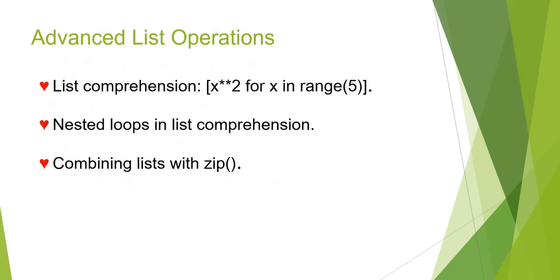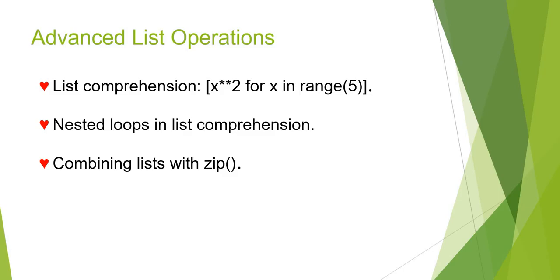Now, advanced list operations. List comprehension: when we try creating a list, we write like this: x to the power of 2 for x in range of 5. So this means the list is going to have the values 1, 2, 3, 4, 5 and their square values respectively, that is 1, 4, 9, 16 and 25.